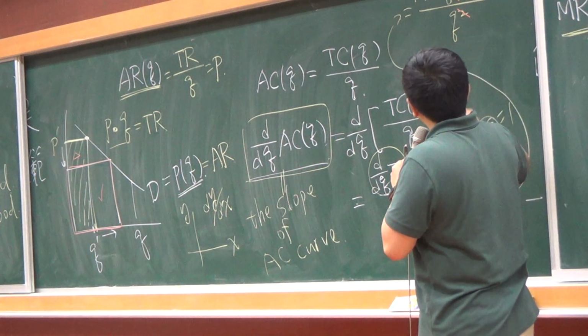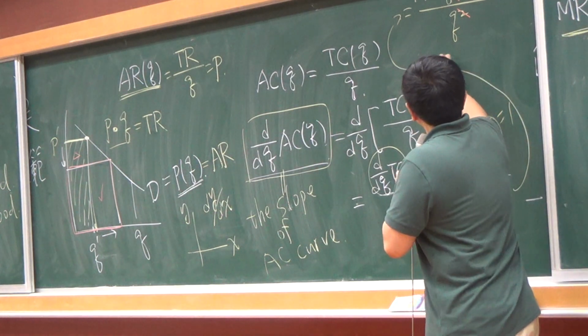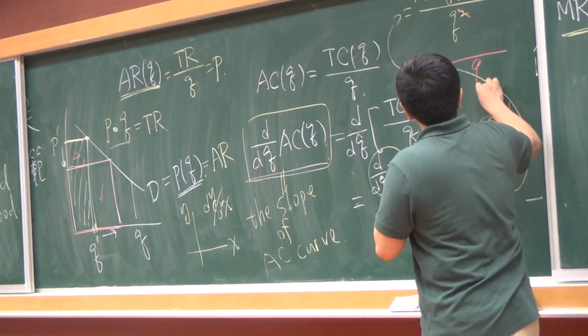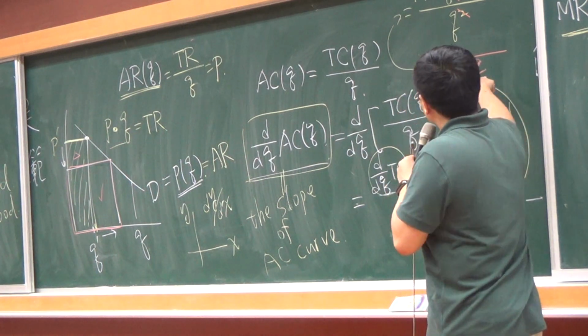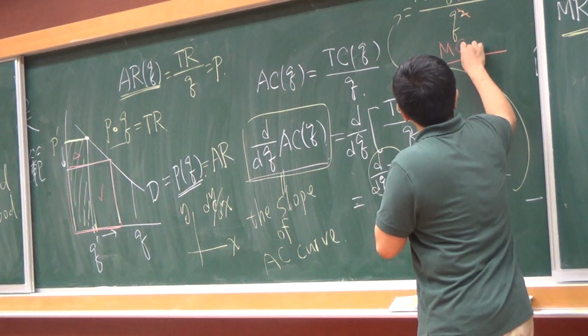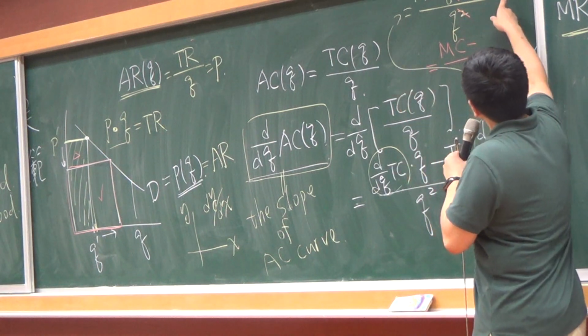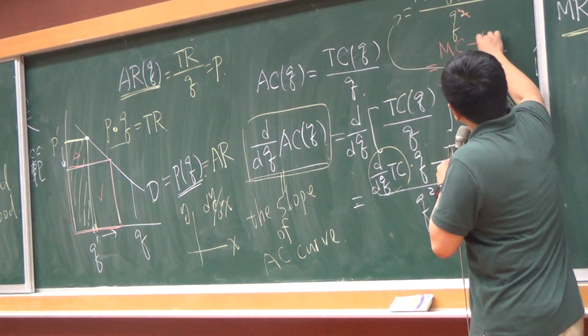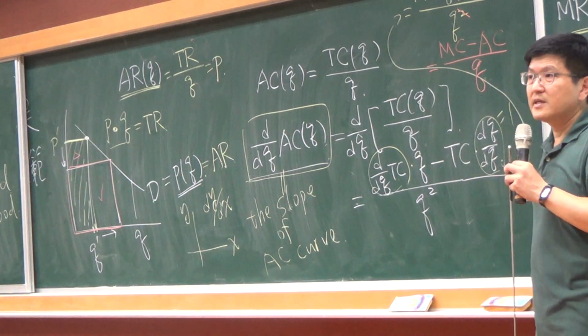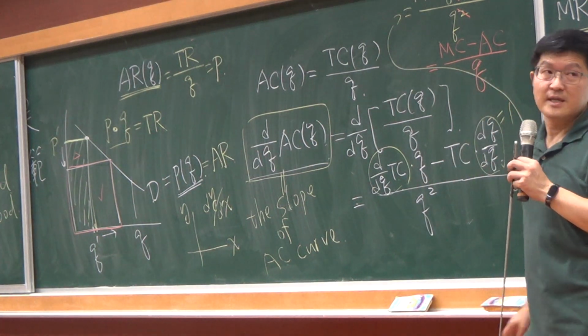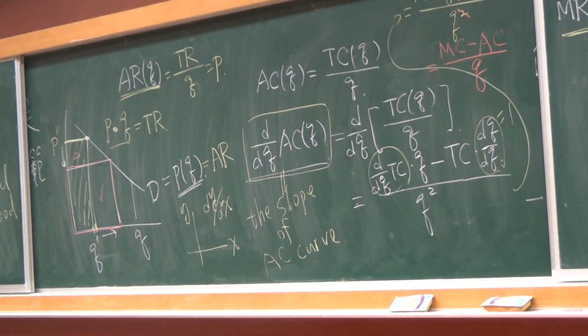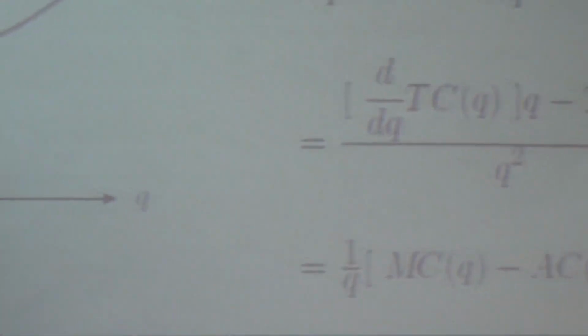Then we will have the final equation. Q in the denominator, and marginal cost minus total cost divided by Q, that would be average cost, right? So we have this 1 over Q, marginal cost minus average cost.